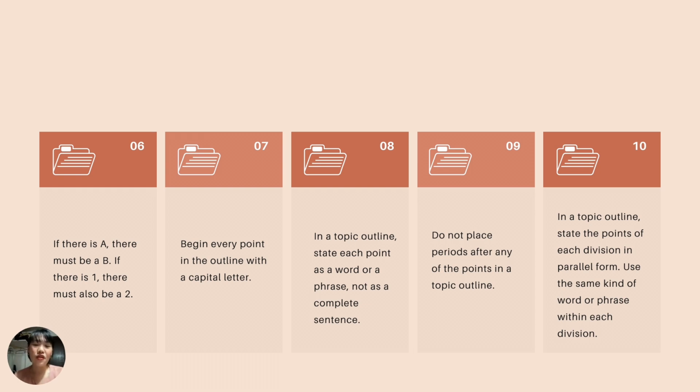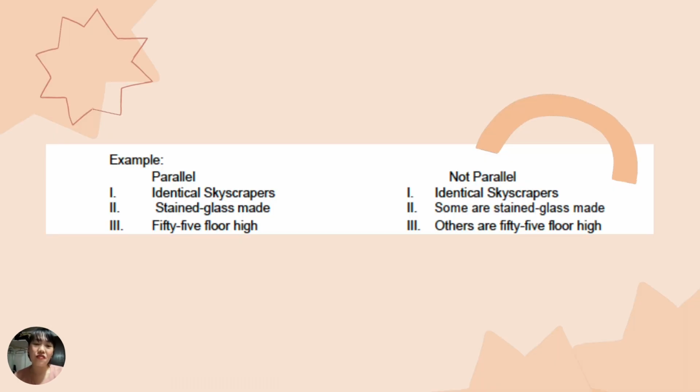Moving on to the example, we have here two kinds of outline. We have the parallel and not parallel. When we say parallel, this is correct, they are aligned with each other.